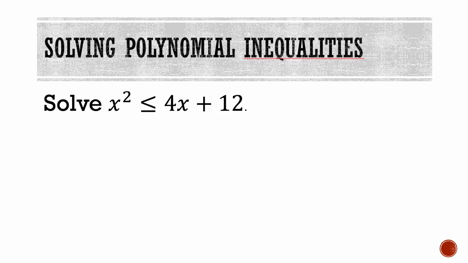So the first thing that we need to do, just like if we were solving a quadratic equation, is we need to get all of our terms on one side of the inequality. So I'm going to begin by subtracting the 4x from both sides of the expression. So that's going to give me x squared minus 4x is less than or equal to 12.